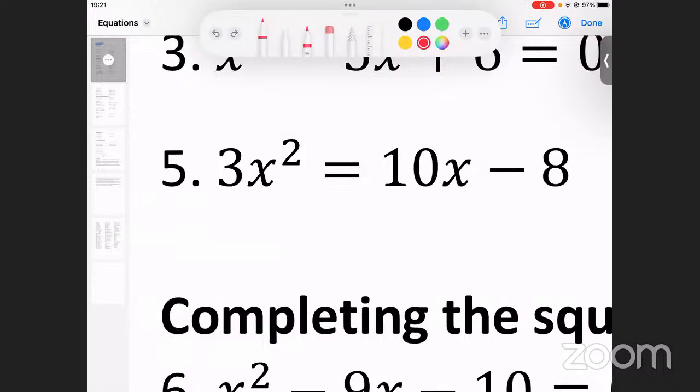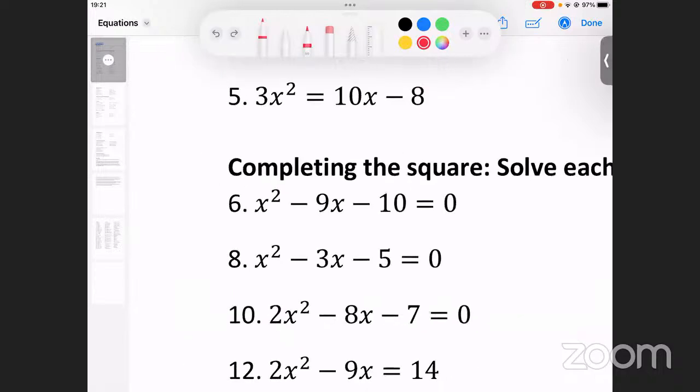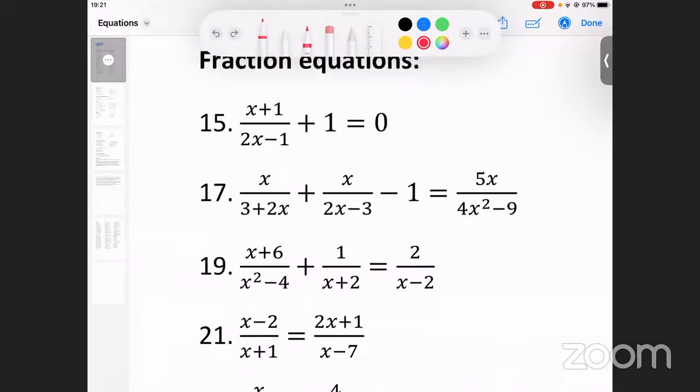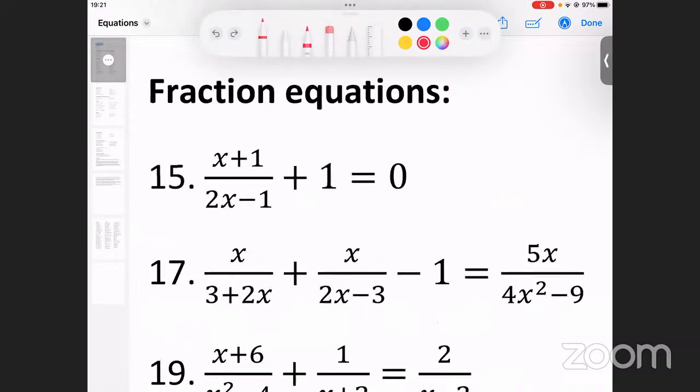Take 8 to the other side, it changes the sign, and then you remain with 0. Then you factorize decisively.